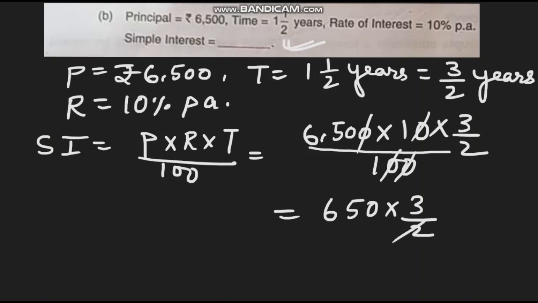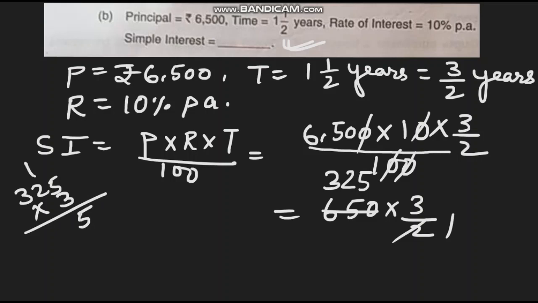Now see, 2 will get cancelled with 650. Both of them are even numbers. So 2 3s are 6. Now here 2 2s are 4. 1 left, 1 and 0, 10. So 2 5s are 10. So you are left with 325 into 3. Let us see how much is 325 into 3. This is 3 5s are 15, 5, 1 carry, 3 2s are 6 and 1 is 7, and 3 3s are 9.